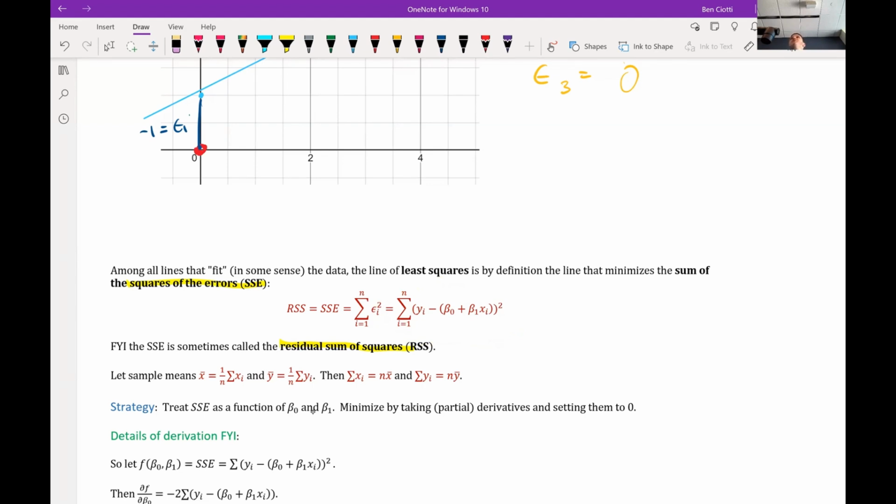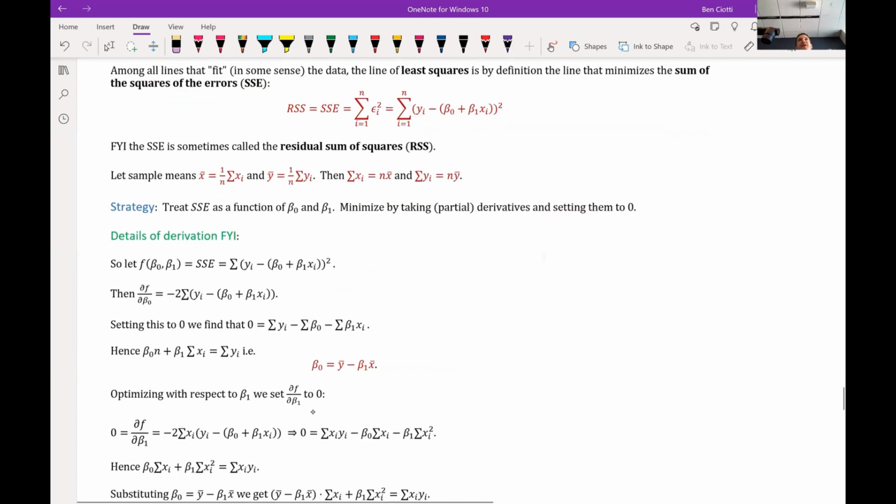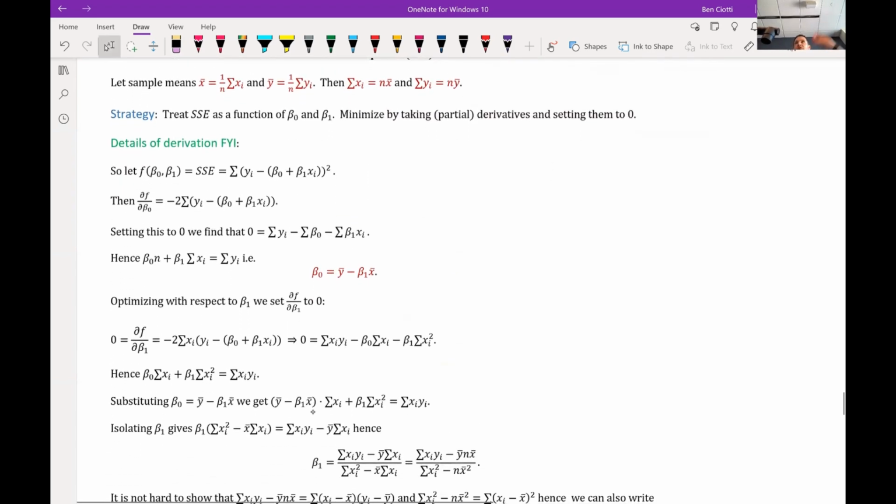Has anyone taken multivariable calculus yet? In that class, you learn how to minimize functions of two variables. You take the partial derivatives with respect to them and set the equation to 0 and solve. It turns out that solving this system of equations can be phrased or expressed as a problem in linear algebra.